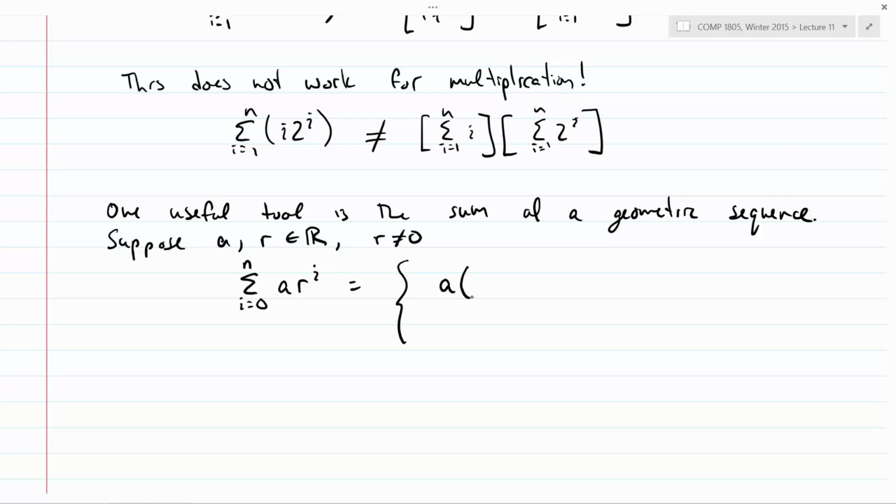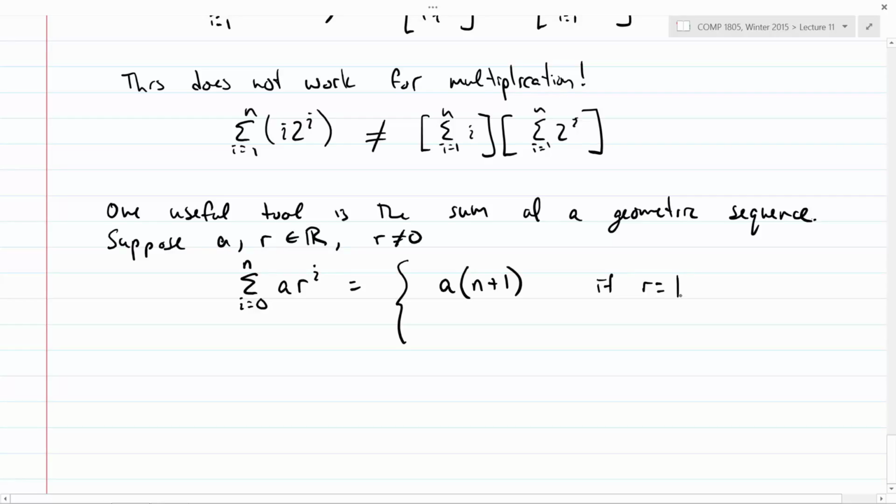If this were the sum from i equals 1 to n, how many terms would there be in that sum? n, for sure. If it was a sum from 1 to 5, it would be 1, 2, 3, 4, 5: 5 terms. Therefore, if I start the sum at 0, I must have one extra term. I am starting it at 0 here, so that must mean it's A times n plus 1. That's the case if R equals 1.